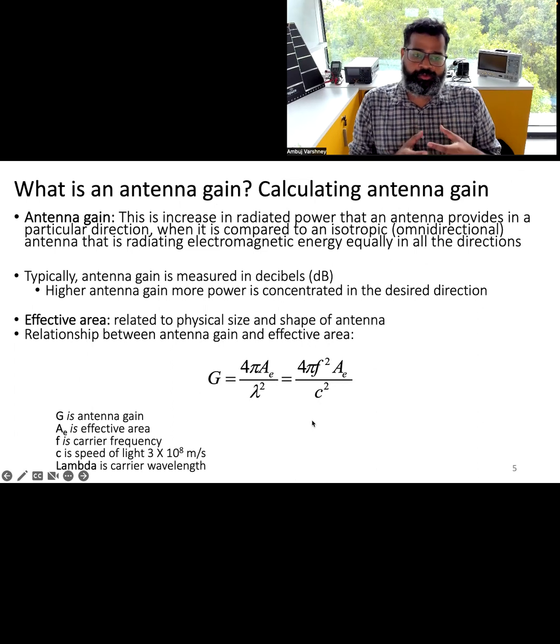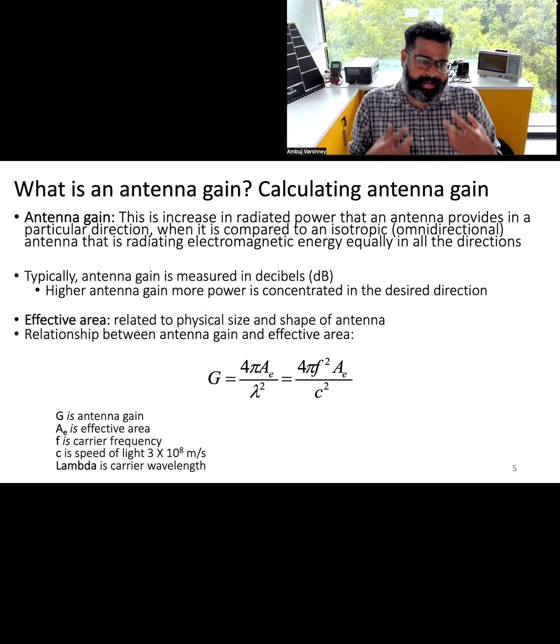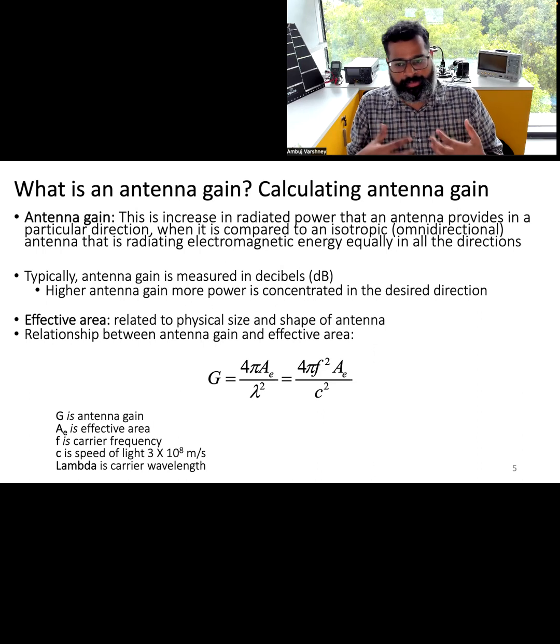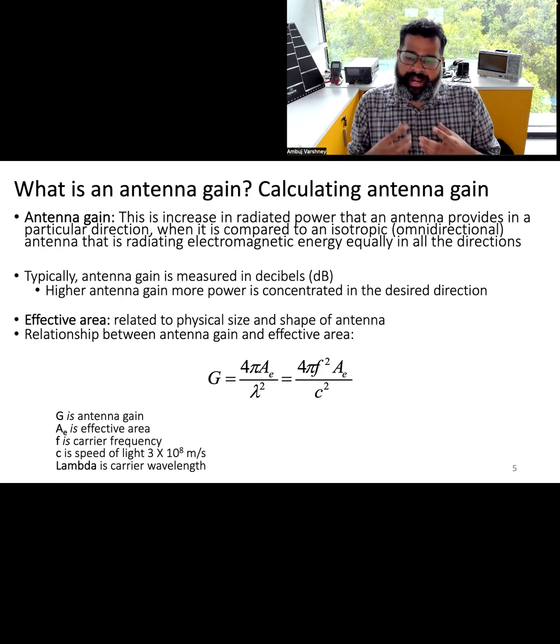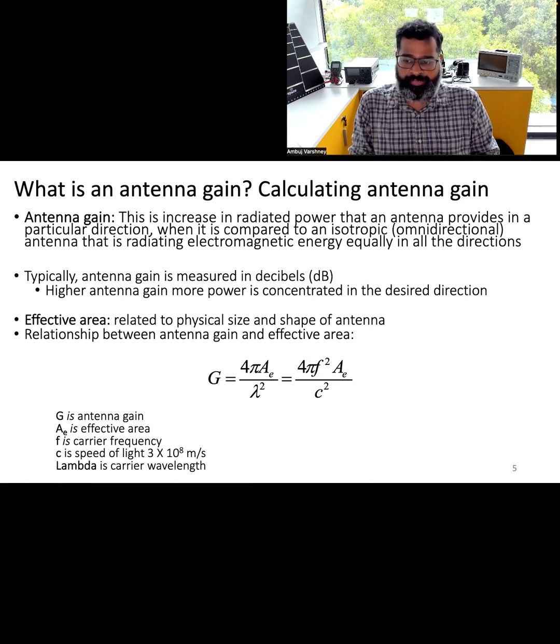So let's first look into what the term antenna gain means. We looked at what antennas are: devices that allow you to convert electrical signals into electromagnetic waves and radiate them over space. The term antenna gain is a very important concept in the Friis transmission equation, and it refers to the increase in the radiated power that an antenna provides in a particular direction when we compare it to an omnidirectional antenna.